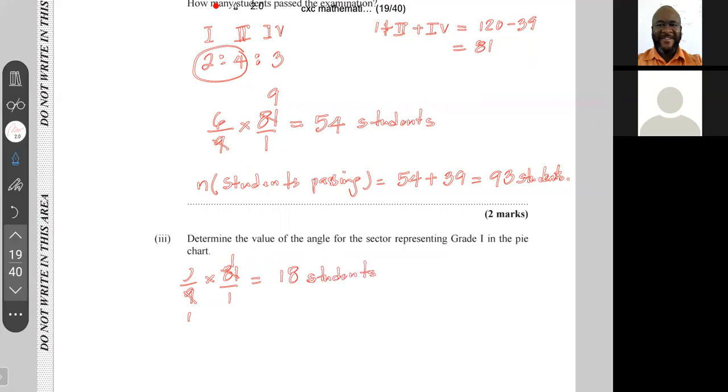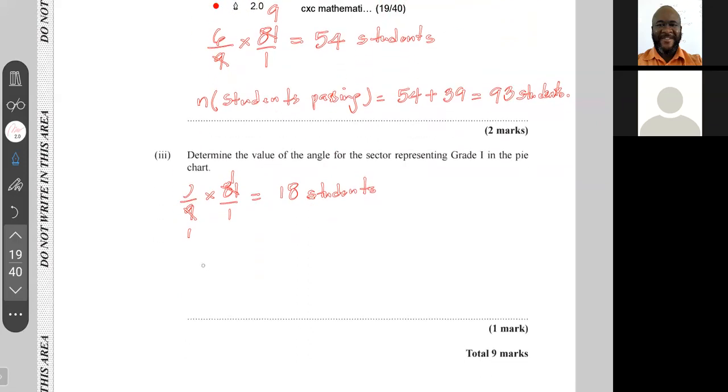So we want to see now what sector angle is represented by grade 1. The sector angle would be 18, the number of students who got grade 1, out of 120, the total number of students, multiplied by 360, the number of degrees in a circle. 120 goes into 360 3 times. 3 times 18 is 54 degrees.